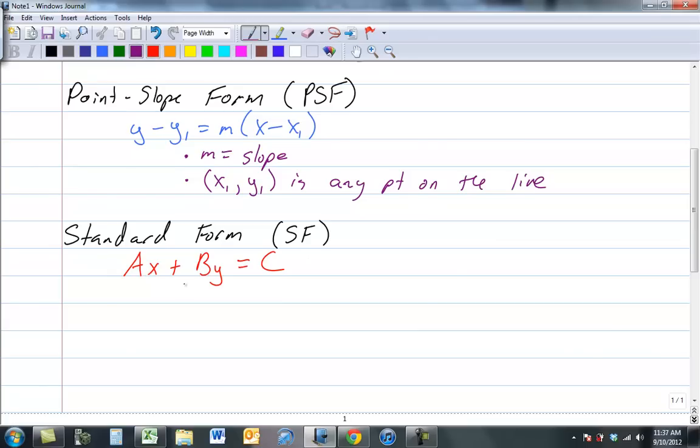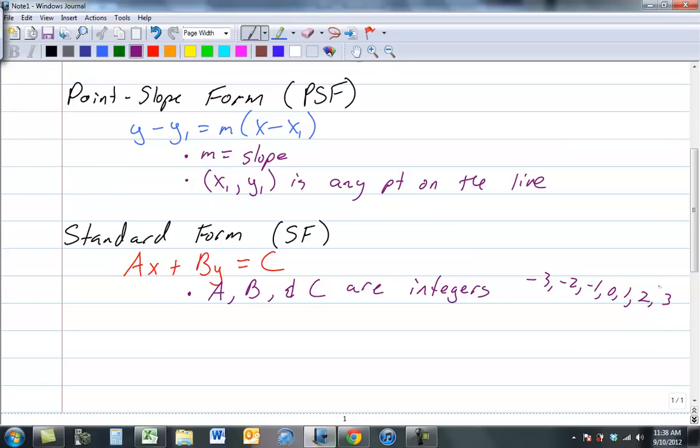Now here's the thing. A couple of rules. A, B, and C all must be integers. Now, for those of you who forgot what an integer is: -3, -2, -1, 0, 1, 2, 3.